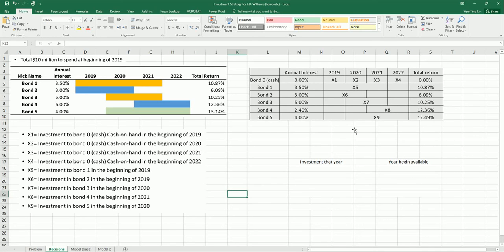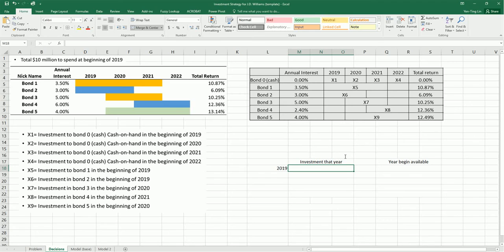Basically, each constraint says that the amount available to invest at the beginning of a year should equal the amount that is actually invested in that year. For example, 2019, the amount that is invested in that year, looking at this table, there are 3 instruments, 3 bonds you can invest in: cash, bond 1, and bond 2.